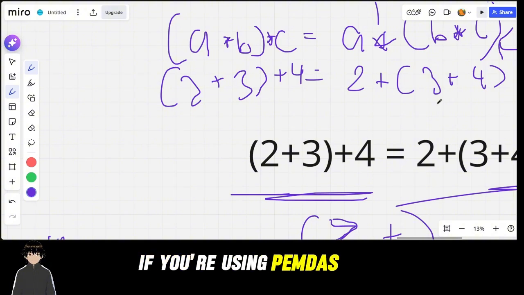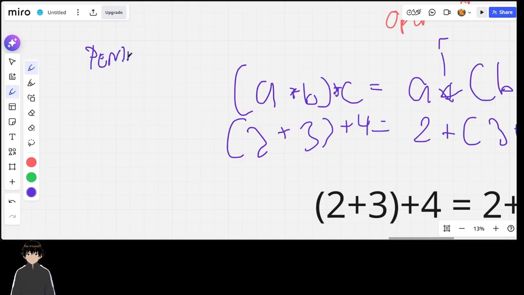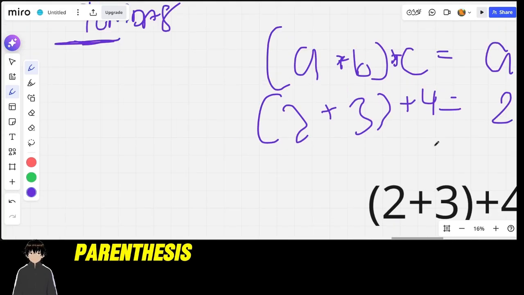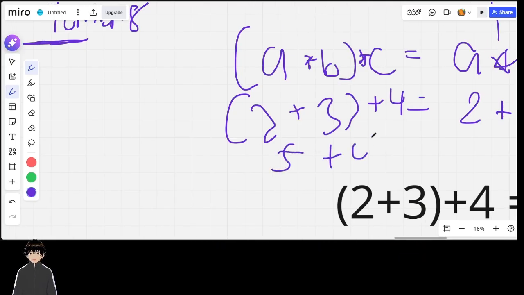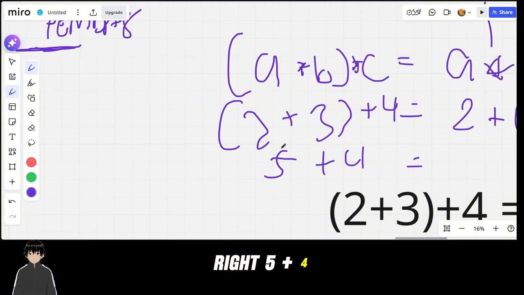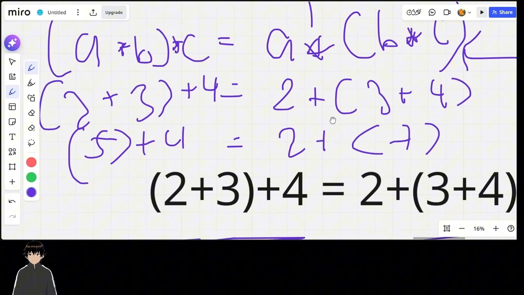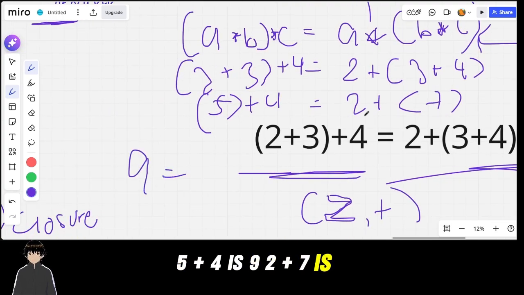If you're using the PEMDAS rule, we prioritize the parentheses first, so you would have 5 plus 4, which is 9. And 3 plus 4 is 7, plus 2 is 9.